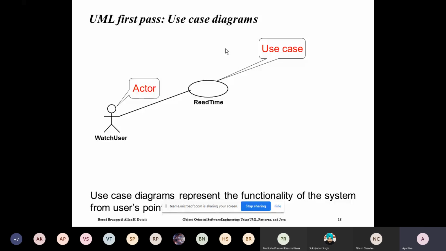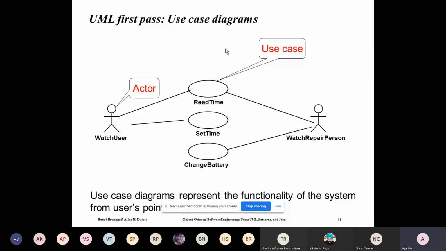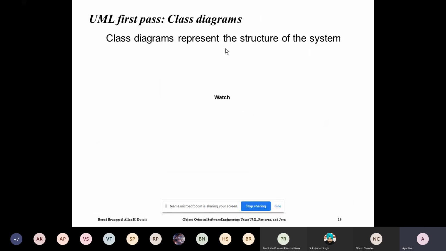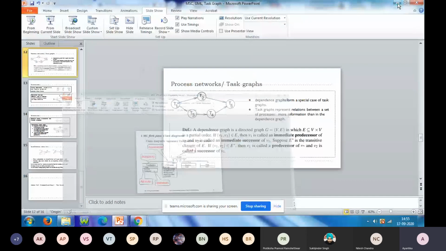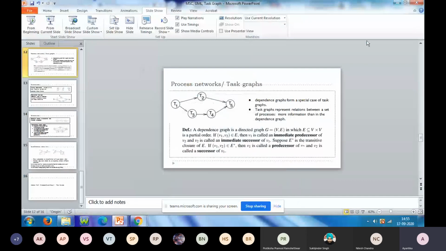You can see how, from one specification, you can develop your use case diagrams. Everything is given here nicely. I will share this in your class slides on Google Drive, and there you can go through it.